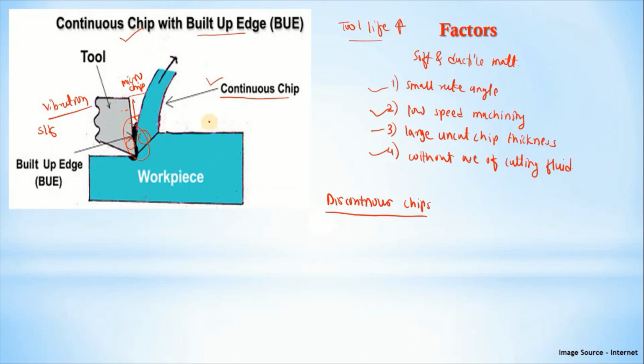Also, if the built up edge is formed, the surface finish we are getting will be disturbed. So it is always advisable to produce a discontinuous chip.